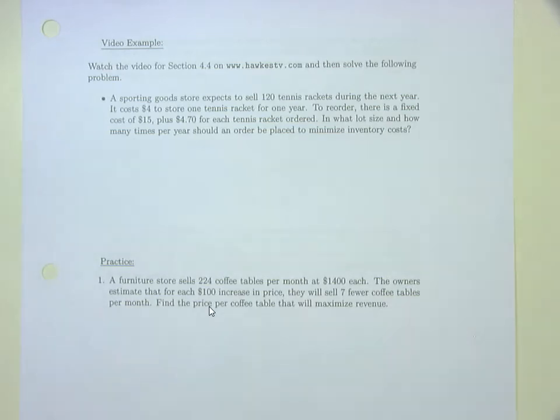All right, so it says this. A sporting goods store expects to sell 120 tennis rackets during the next year. It costs $4 to store one tennis racket for 1 year. To reorder, there is a fixed cost of $15 plus $4.70 for each tennis racket ordered.